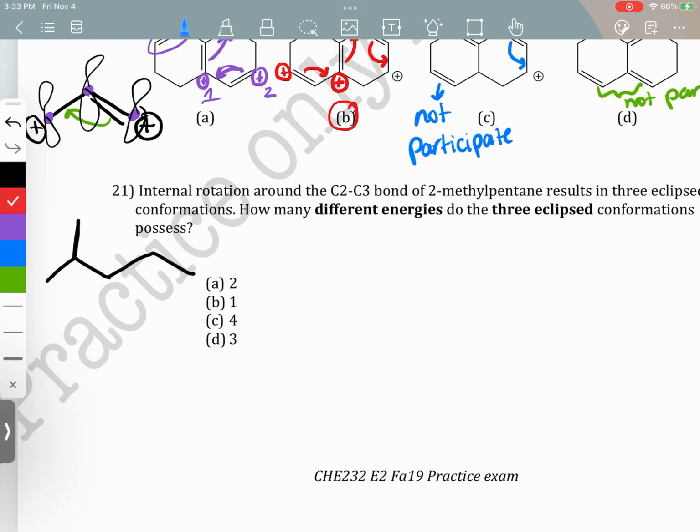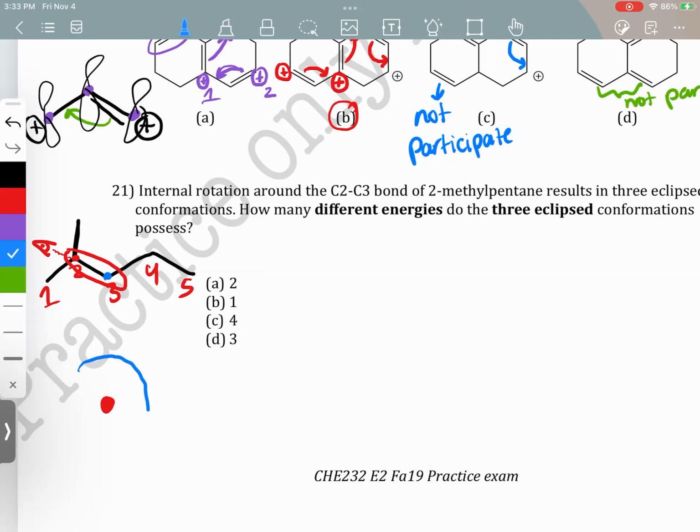Methyl on 2. So we're going to draw a Newman projection, looking straight down carbon 2 and 3 here. So 2 would be the first carbon, 3 would be the second carbon, right?